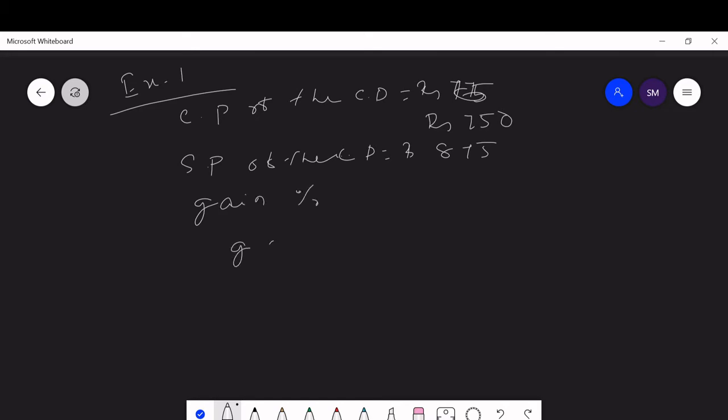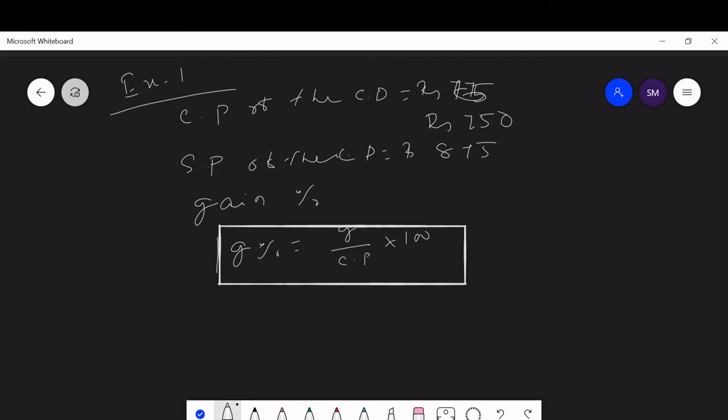You know the formula, gain percentage is equal to gain upon CP into 100. What is the amount of gain? Gain is equal to SP minus CP. The SP is 875 and the CP is 750, so the gain amount is rupees 75.